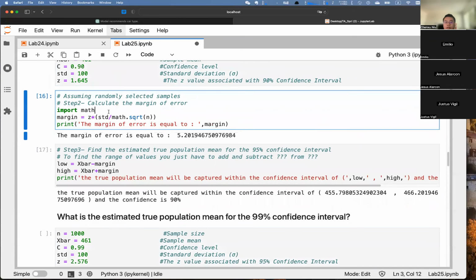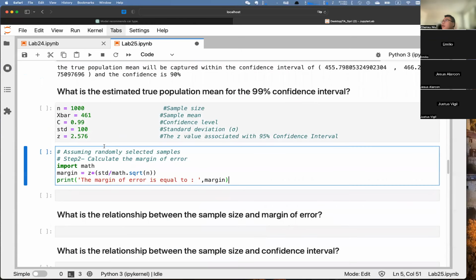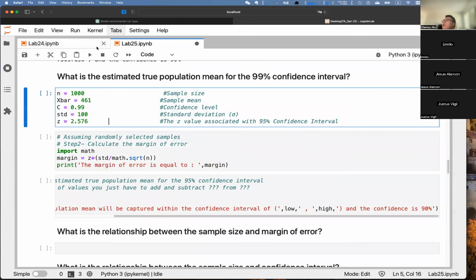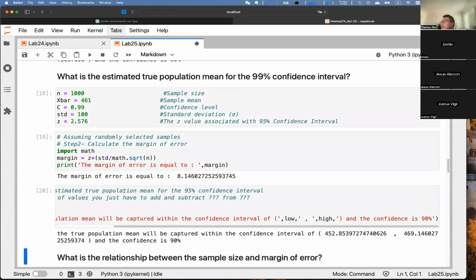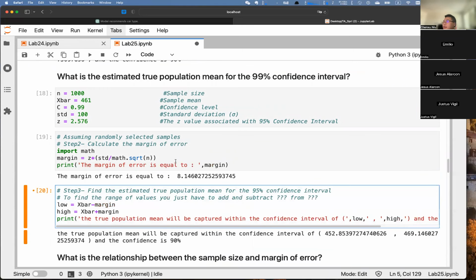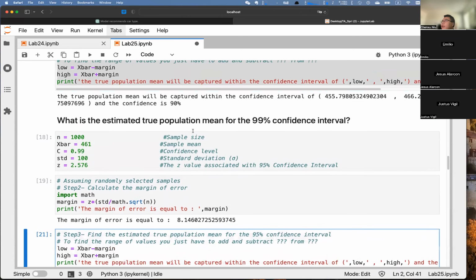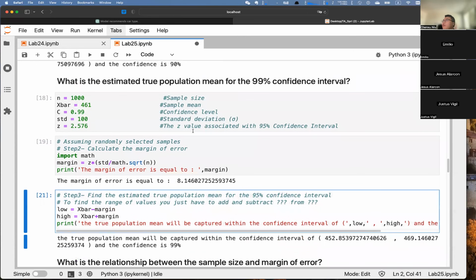And here n is 1,000. The last one would be 99, and the result is correct, right? It's the right one. So this is the solution for the 99% confidence interval.